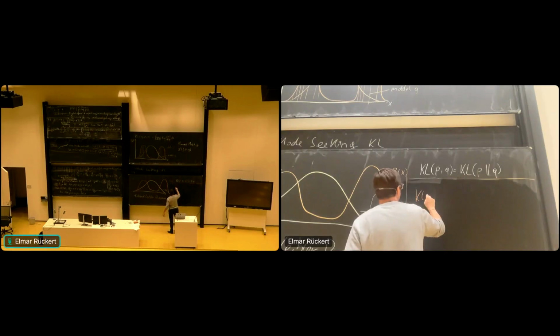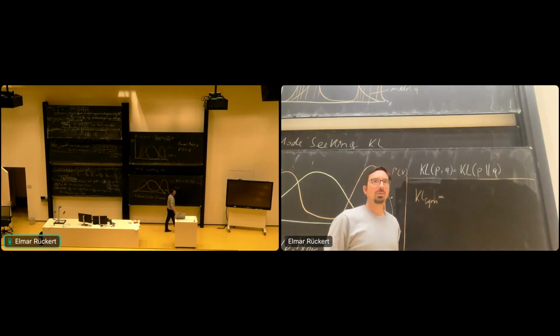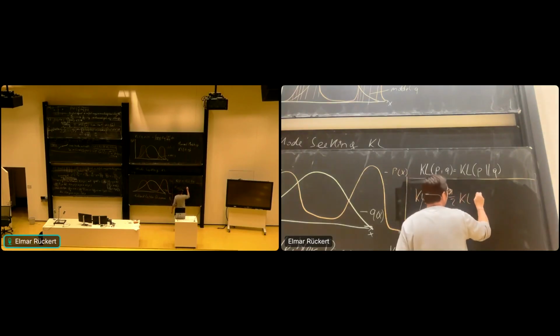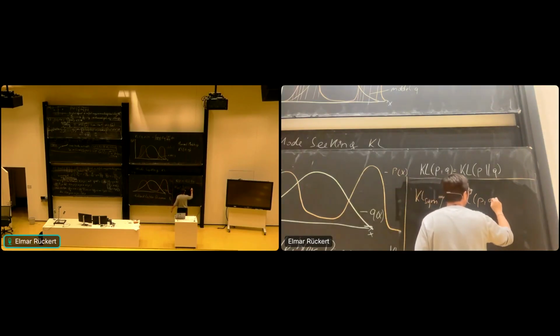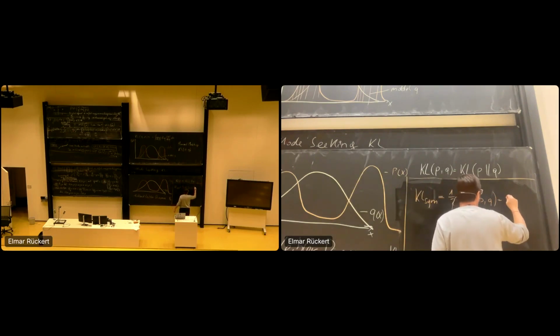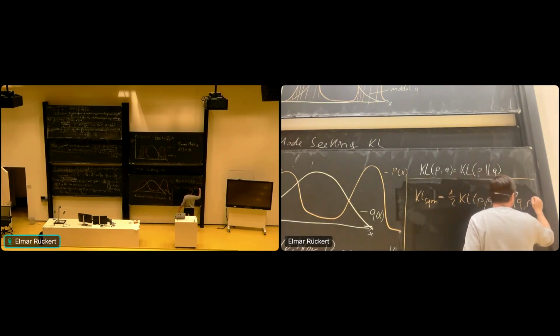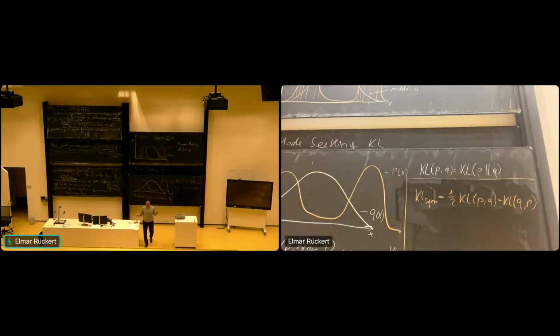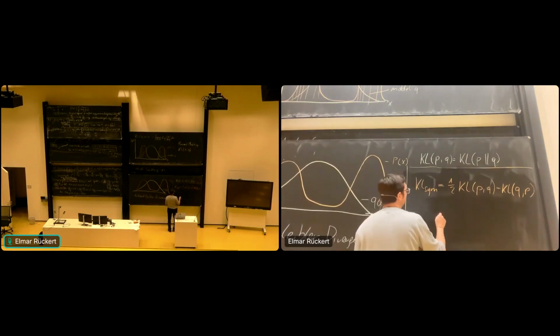So for a symmetric KL measure, it could be simply the sum of the two. So the KL of P and Q plus the KL of Q and P. And you now know that these two things are not the same. One solution.